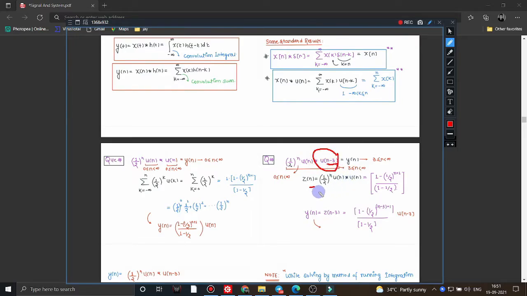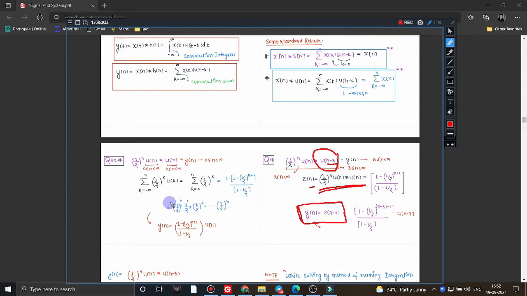First we find this term which is not shifted by 3 units, and then we shift the result of z[n] by 3 units, because the relation between y[n] and z[n] is y[n] equals z[n minus 3]. So we get the running summation of (1/2)^n u[n].